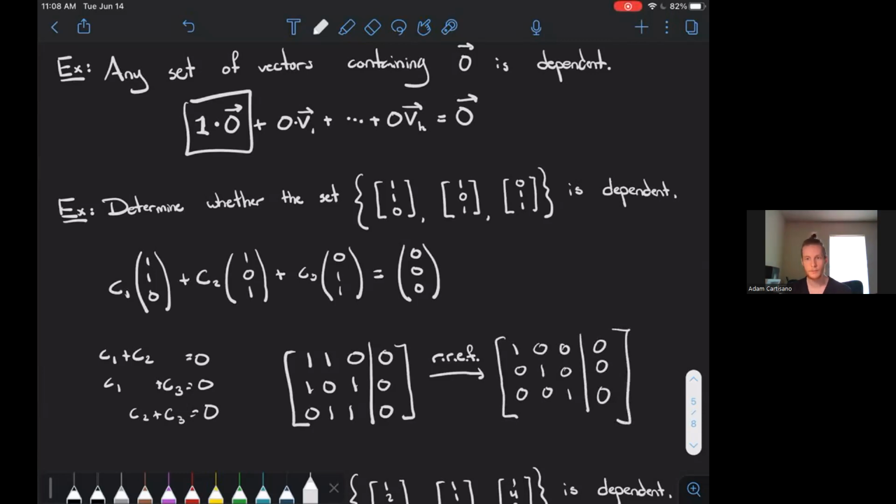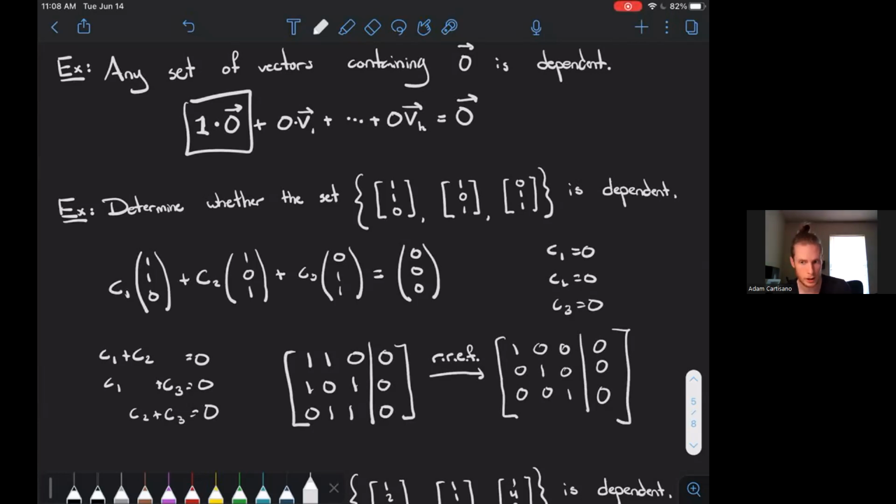In other words, there is a unique solution to this system of linear equations where C1, C2, and C3 are all precisely 0. C1 equals 0, C2 equals 0, C3 equals 0. That's a solution to the system of linear equations.